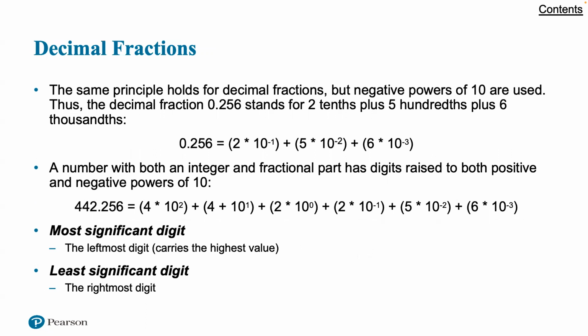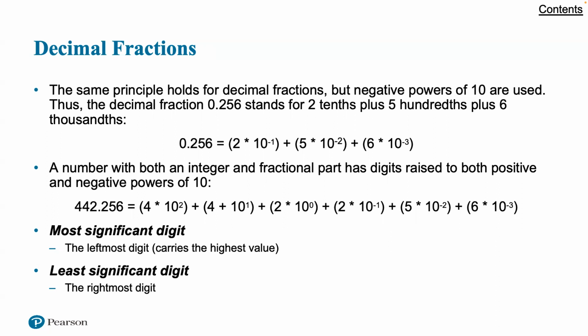The same principle holds for decimal fractions, but negative powers of 10 are used. Thus, the decimal fraction 0.256 stands for 2 tenths plus 5 hundredths and 6 thousandths. So therefore 0.256 is 2 times 10 to the minus 1 plus 5 times 10 to the minus 2 plus 6 times 10 to the minus 3.